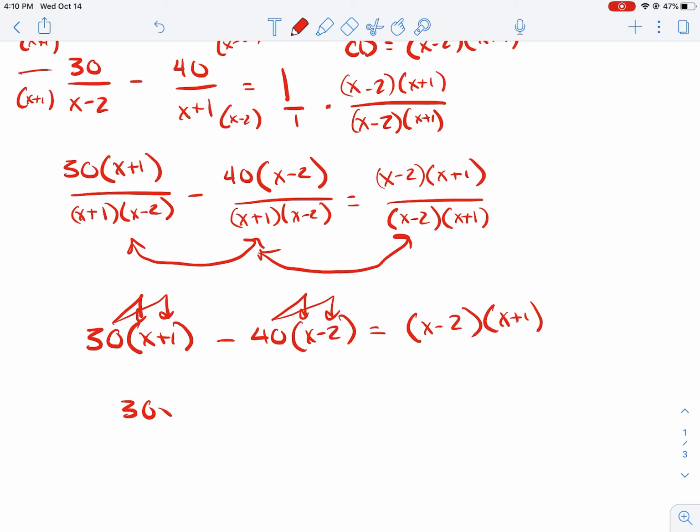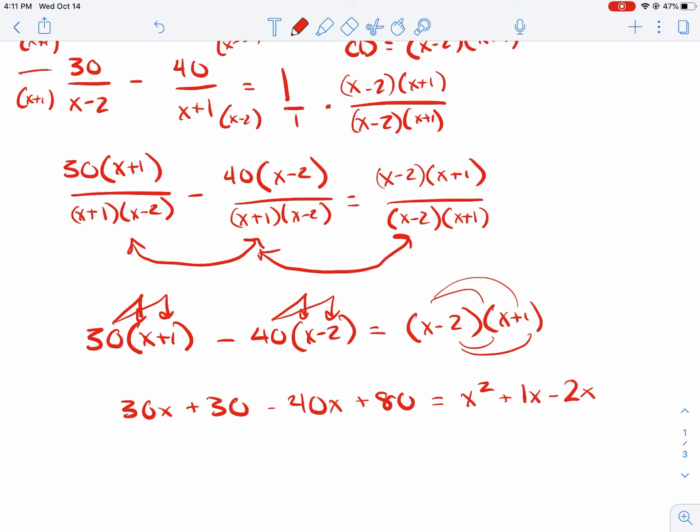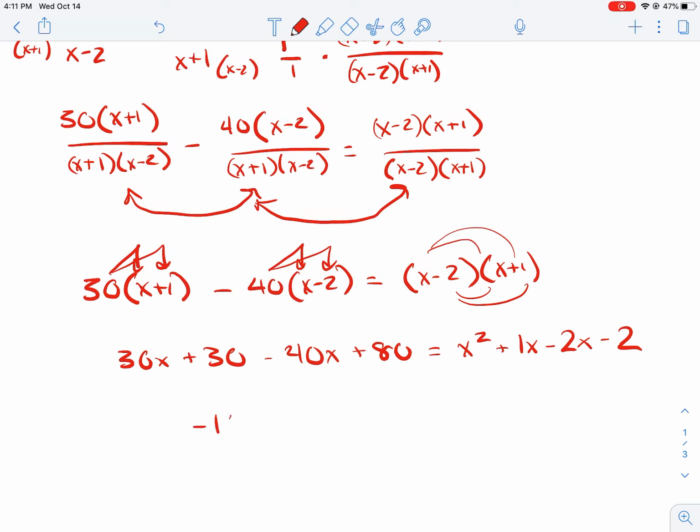So it's 30x plus 30 minus 40x plus, whoa, forgot the x, plus 80 is equal to, and when I multiply this out, I get x squared plus 1x minus 2x minus 2. I'm going to combine like terms on the left, so I get negative 10x plus 110 is equal to x squared minus 1x, or just an x, minus 2.